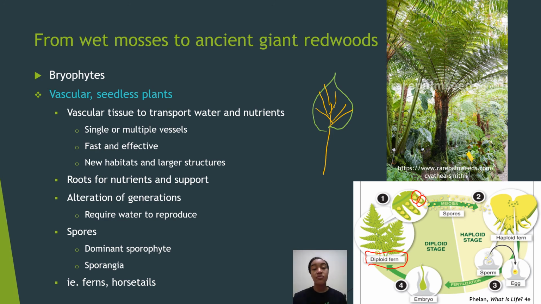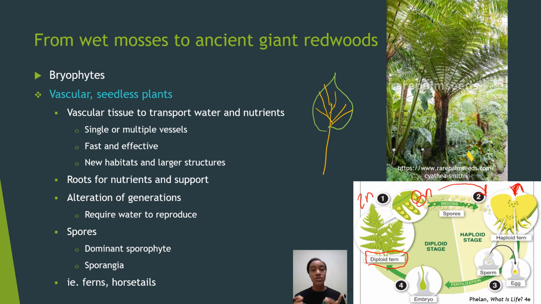So the fern itself is 2N, but the spores are N, okay? The spores get released into the environment, and they go to some other area where there's nice nutritious soil, and they will develop this haploid structure, which looks like a heart, and that is actually the gametophyte fern.